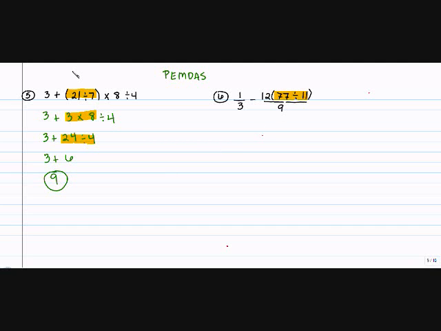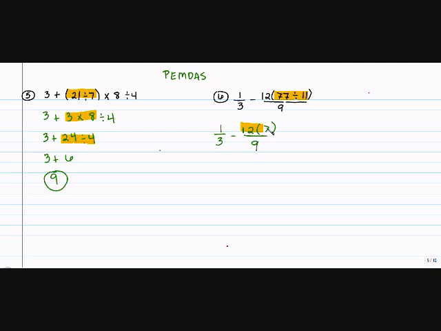We have to solve inside the parentheses first, according to PEMDAS. So I'm going to rewrite my problem. 1/3 minus 12 times 77 divided by 11 is 7. Divided by 9.